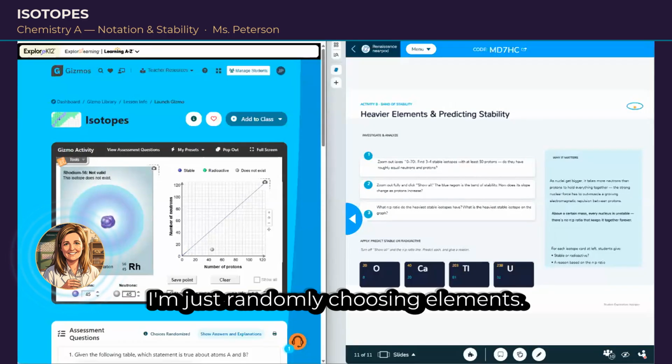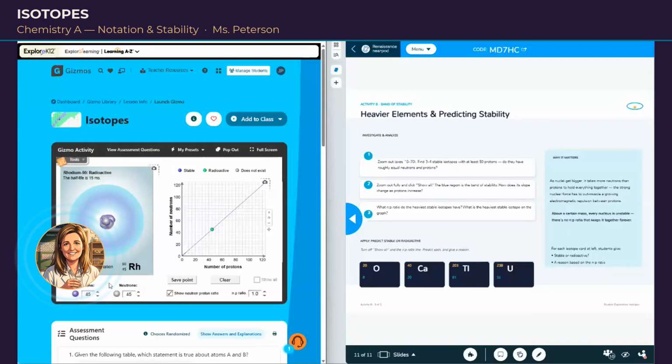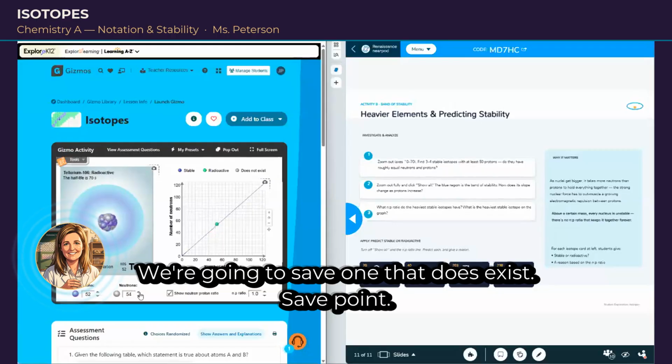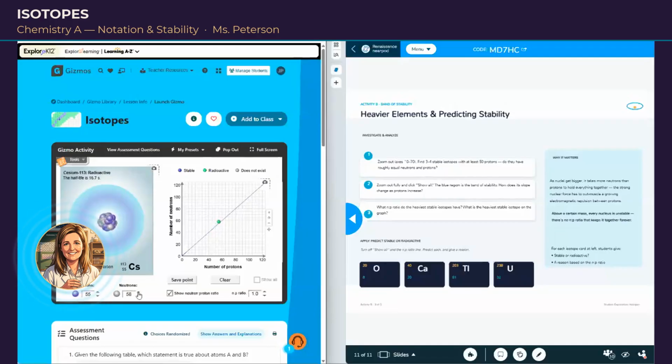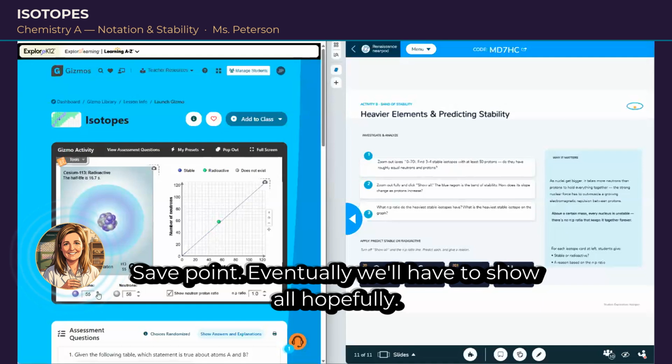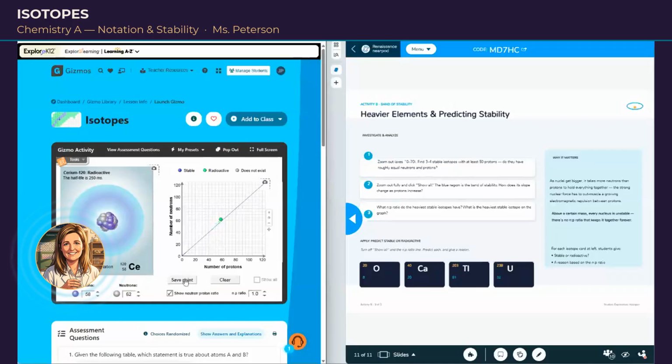I'm just randomly choosing elements. We're going to save them. We have to do 5 or 6 of them. We want one that does exist. Save point. Save point. Eventually, we'll be able to show all, hopefully. Come on. Not yet. Not yet.